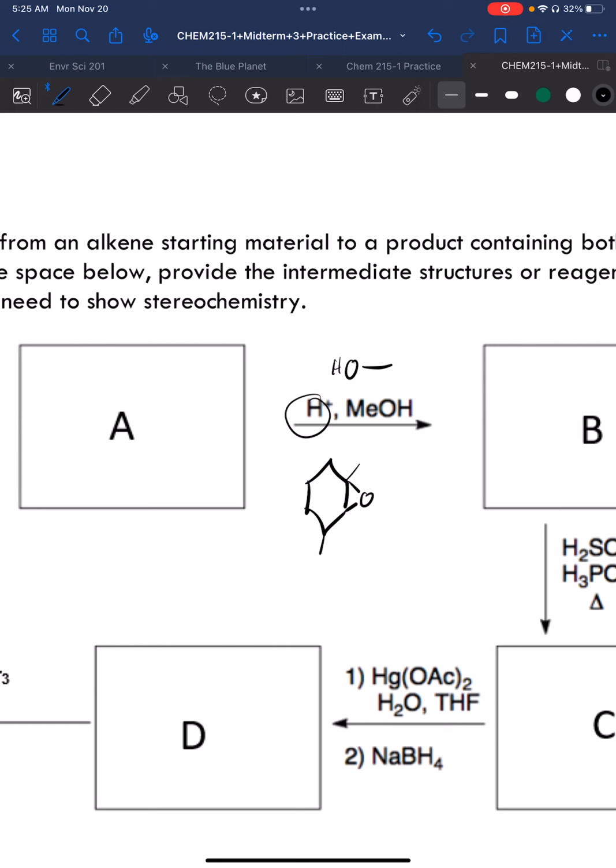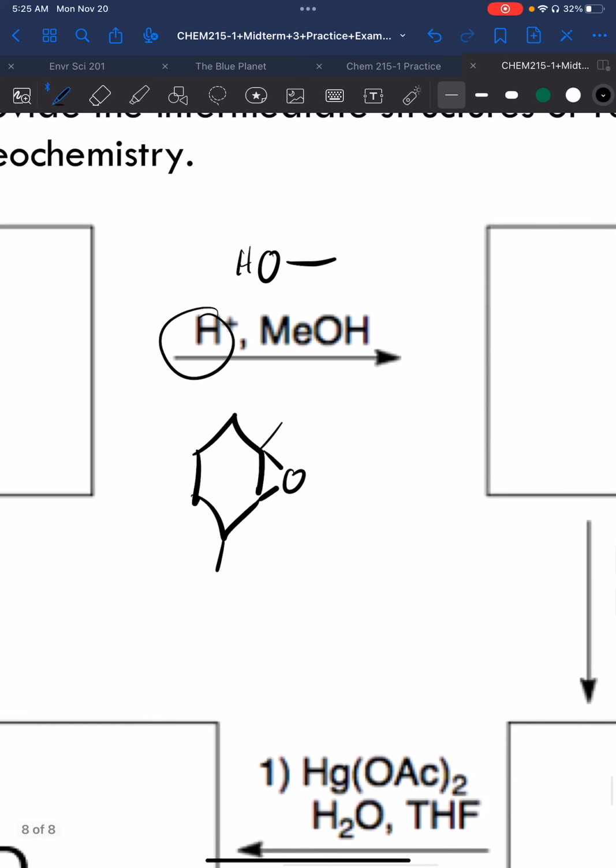And obviously this epoxide ring is going to have to break. So what's going to happen is that the ring breaks here. Oops. And you end up with OH, the H coming from the methanol or the hydrogen in the solution.